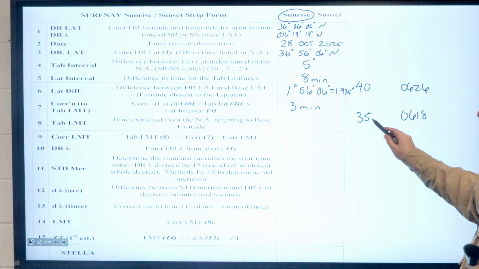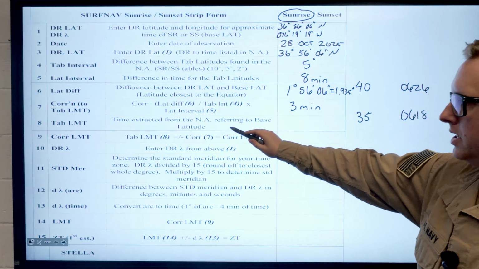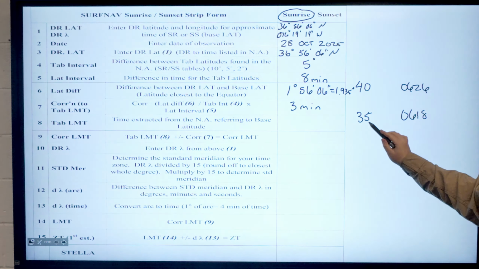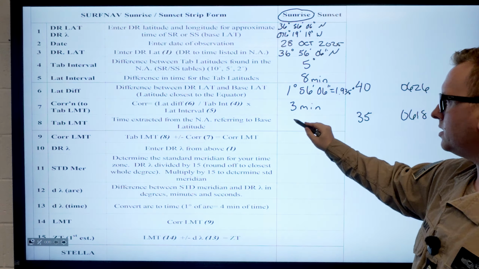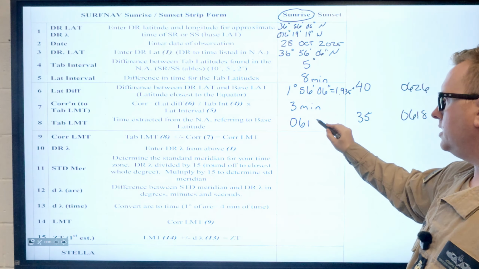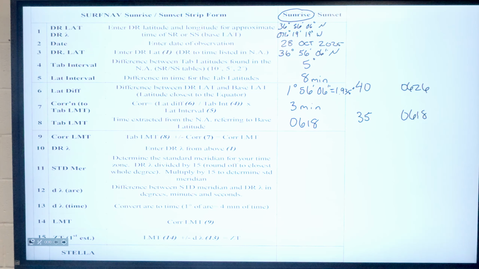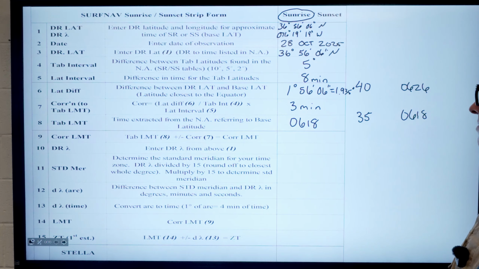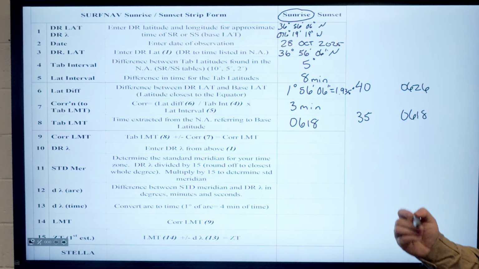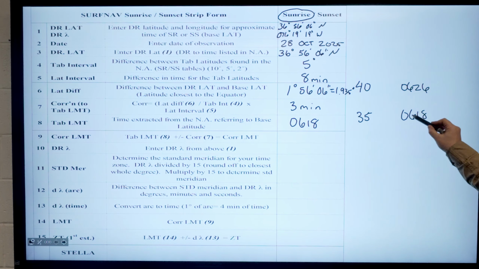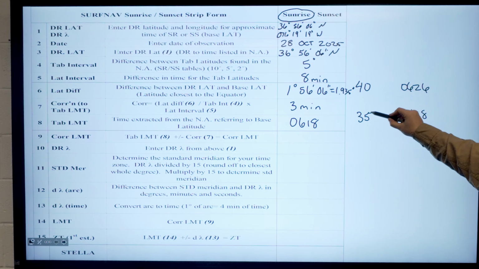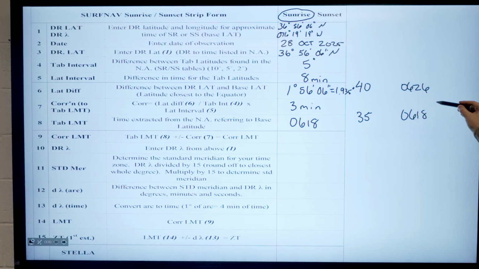Now, since we used 35 right here, number 8 is asking for the time extracted from the Nautical Almanac referring to the base latitude. We use this base as 35, so we're going to use 0618. Now, a little trick to remember for this next part. 36 is in between 40 and 35, and the number on the time is increasing.